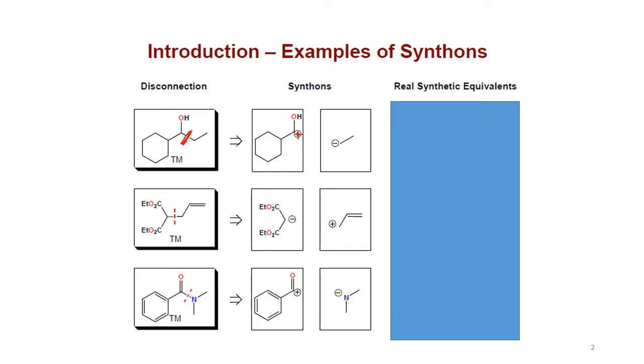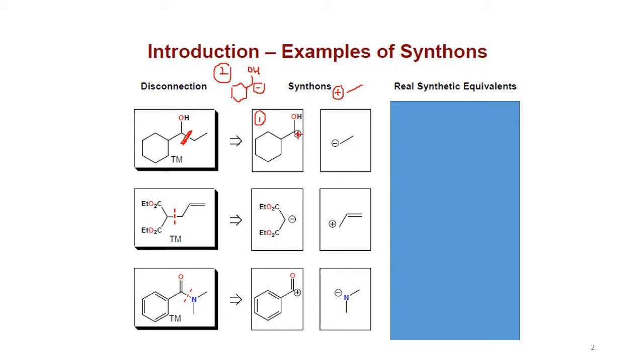You can also have another pair, which is this. You can also have this one, and the partner is this one. So these are two sets of synthon. This is the first set, this is the second set.